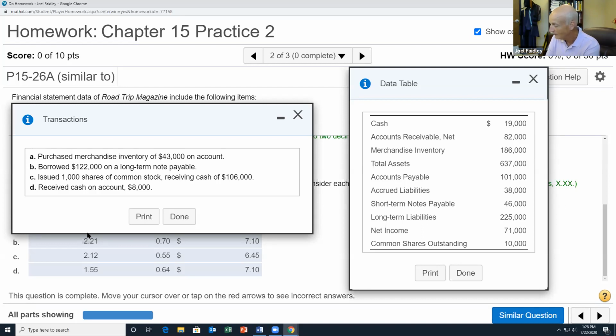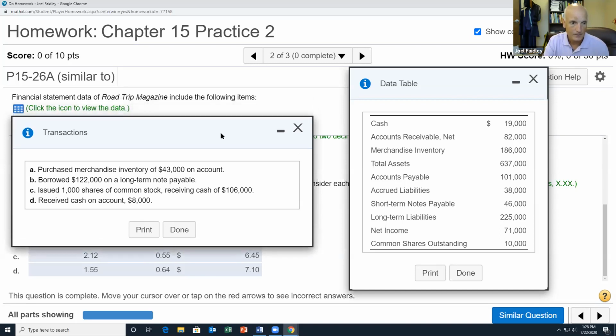And I'm also going to add that 122 to the 637, which makes that 760. And that is 0.7. And again, no impact on your earnings per share.